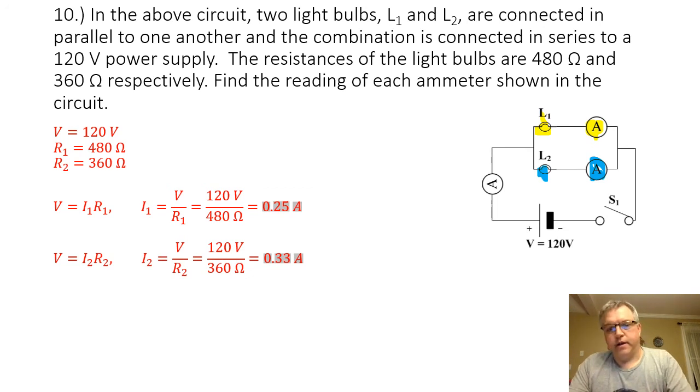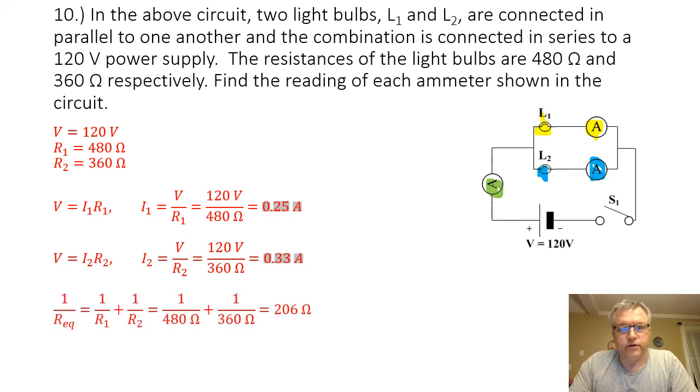Now to find the current going through this ammeter, I'm going to need to know the equivalent resistance of the circuit. And I know that the inverse of the equivalent resistance is going to be equal to the sum of the inverses of the individual resistors.